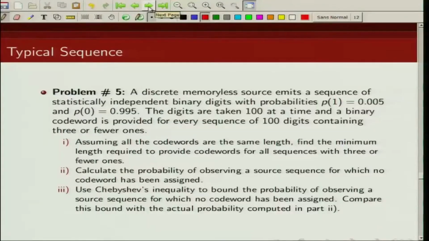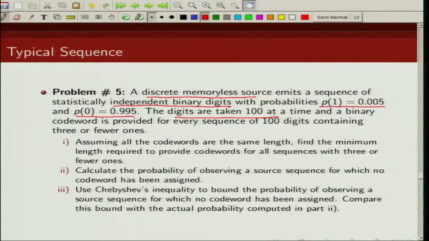So let us look at the next problem. We have a discrete memoryless source that emits statistically independent binary bits with probability of 1 given by 0.005 and probability of 0 given by 0.995. So most of the time it's emitting zeros.